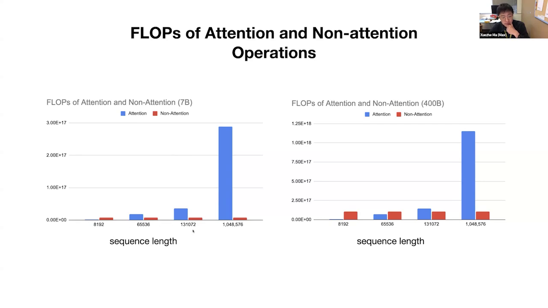But if we scale up the sequence length to more than 1 million tokens, then almost all the computation happens in the attention part. That's why the transformer is expensive for long context modeling.